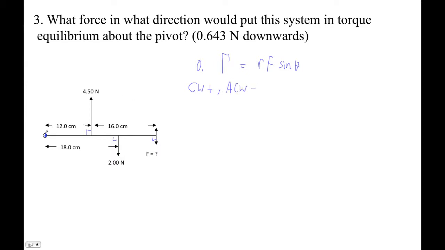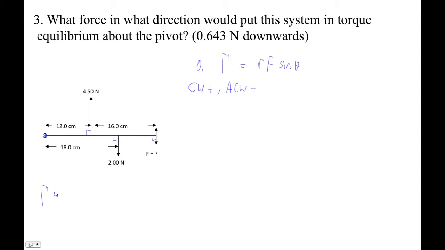So for example, about this point here, this would tend to twist it anti-clockwise. This would make it clockwise, and then this one is, we don't know. So all we have to do is set up a whole bunch of R times F's for our torque expression.